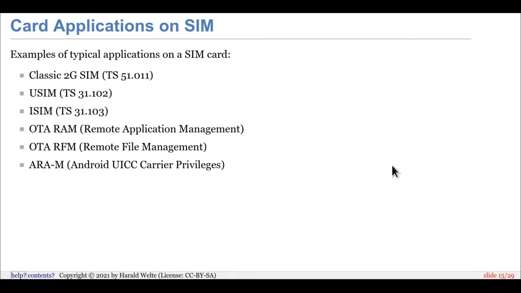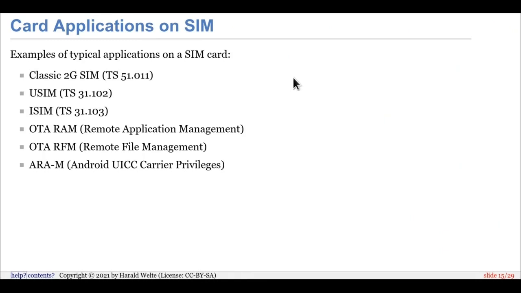And then we have applications for over-the-air remote application management and remote file management, sometimes even multiple instances of those applications, because remote file management could be separate for the master file and for the application dedicated files of these two. So in many cases, you have 3 OTA RFM applications on the card, each associated to some application. And then this ARA-M, the application I just mentioned briefly ahead of the talk, which is required for Android UICC carrier privileges following the GlobalPlatform secure element specification.